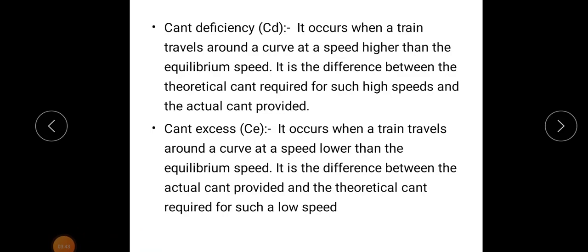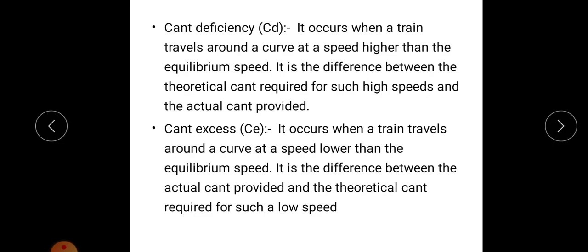When the speed of the train is higher or lower than the speed on which the super elevation has been calculated, a certain type of disequilibrium will develop. That is because the super elevation increases with the square of the speed. From the equation E is equal to GV square by 127 R, E varies with the square of the speed.